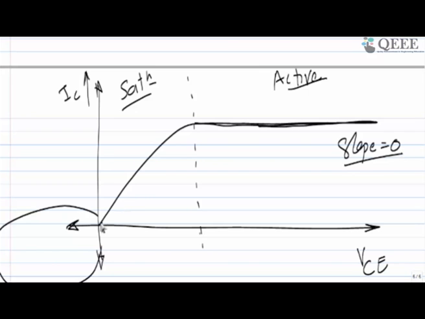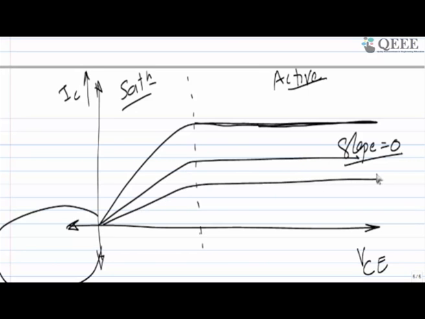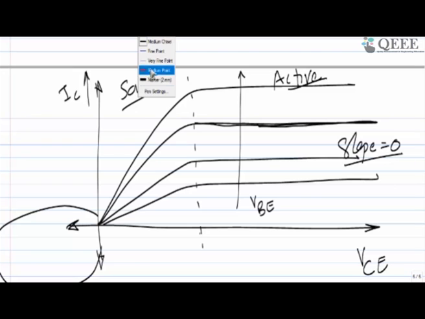So if you look at the curves for different VBE, this side its VBE is increasing all the way. This is one way of looking at the transistor, but this is not going to happen. The actual thing which is going to happen looks like this one.